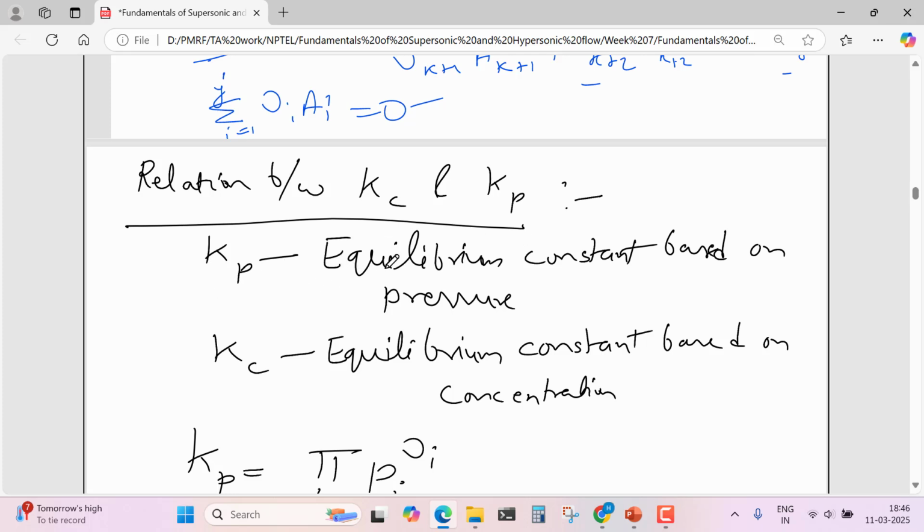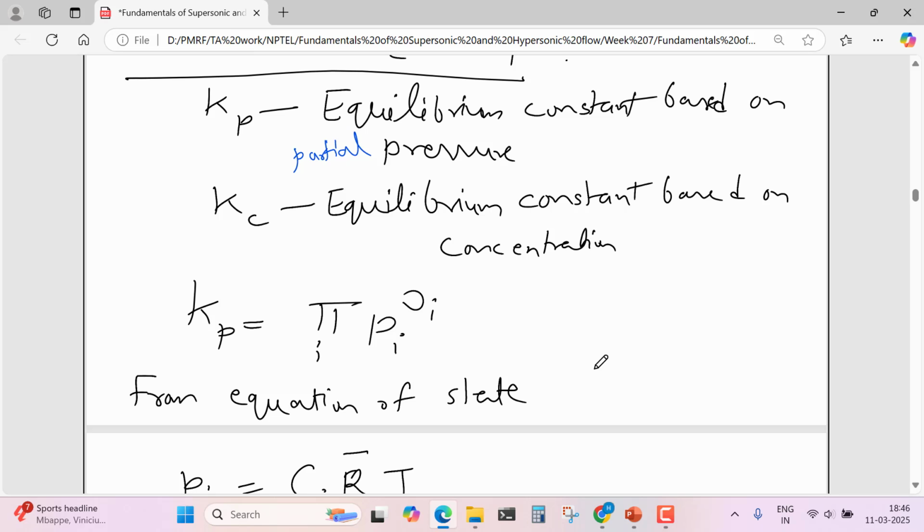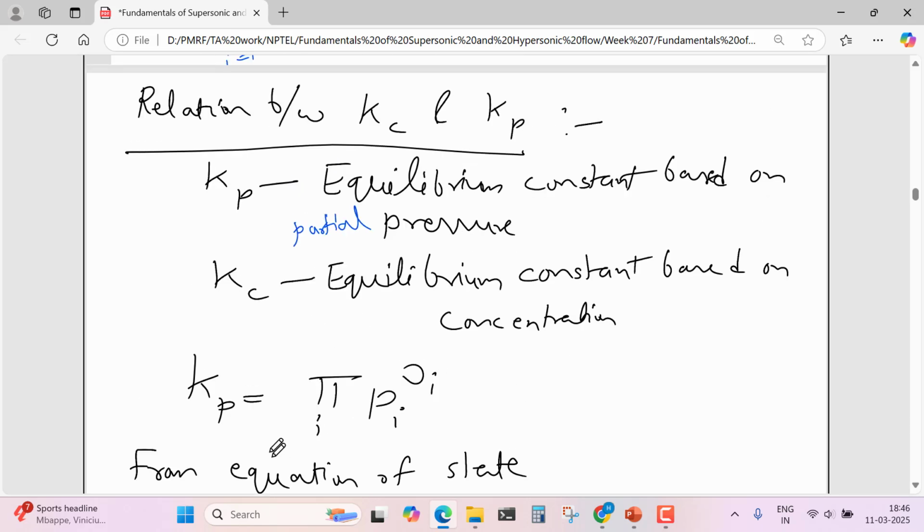Kp is the equilibrium constant based on partial pressure, and Kc is the equilibrium constant based on concentration. We have already seen last week that the formula for Kp is given by Kp equal to pi i Pi to the power mu i.